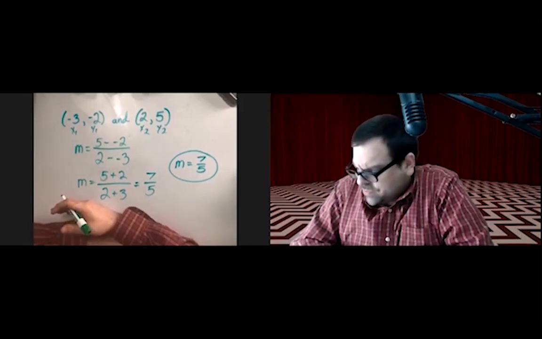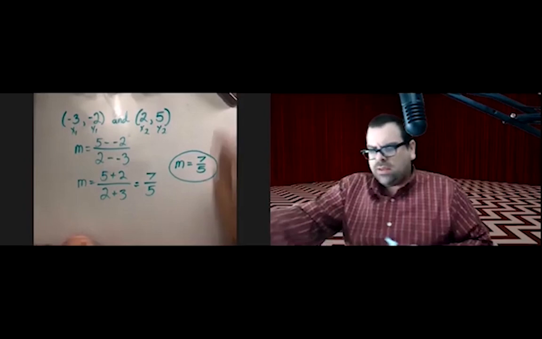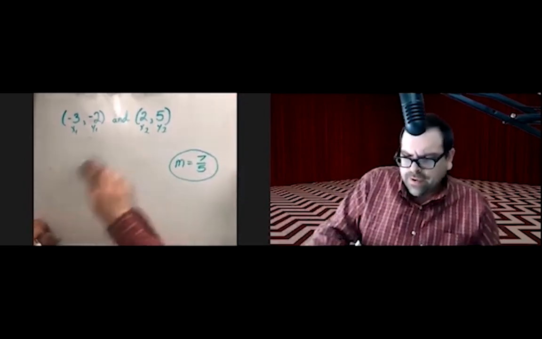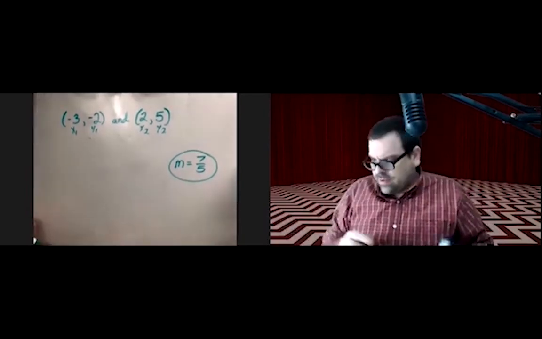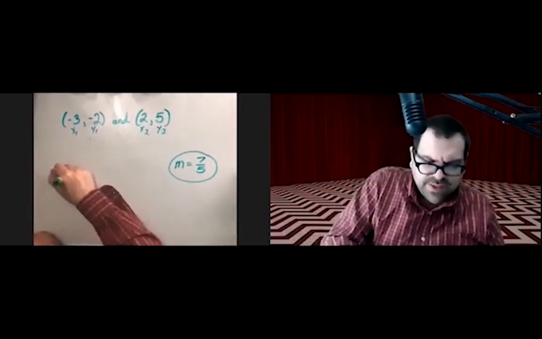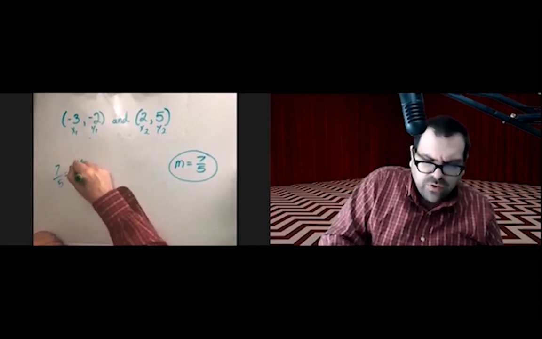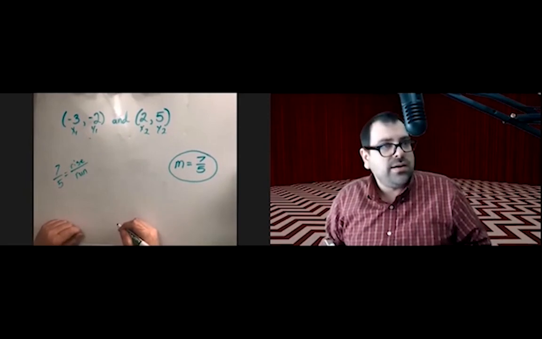So the slope of the line is 7/5. Now, what does that actually mean? That means that 7/5 is the rise over the run of this line.